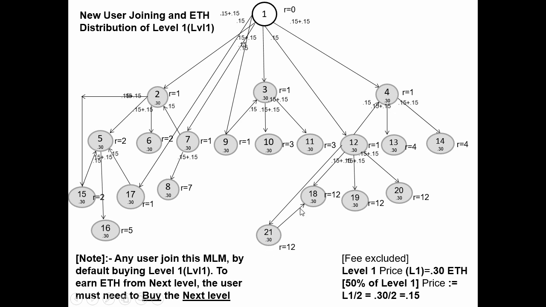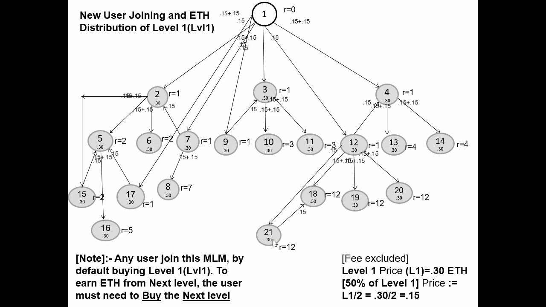So 50% money will go to user 18 as it is connected with this user directly, and the rest of the 50% will go to user 12 because this user brought this user to this game. And make sure this user already bought the second level. Here you can see second level 1, 2, 3, maximum 9 people user 12 can add in his second level. So the money will go like this.